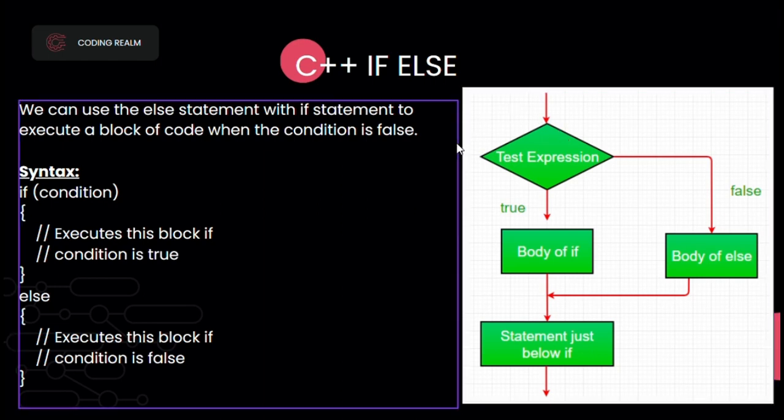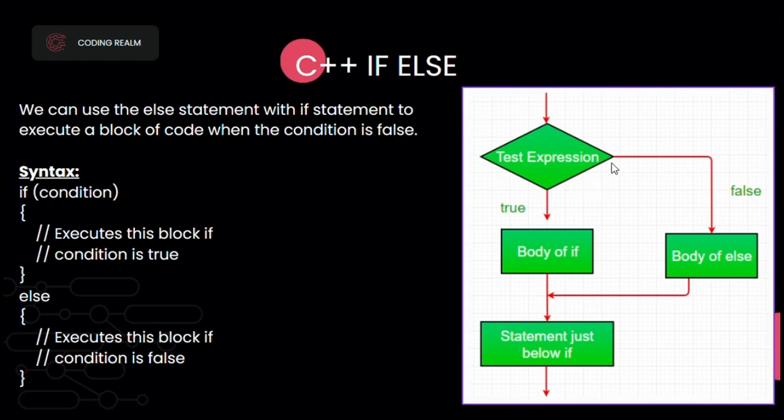First, I enter the condition or the test expression. If the condition is true, the body of if is executed. And if the condition is false, I use the else statement, and finally the statement just below if.